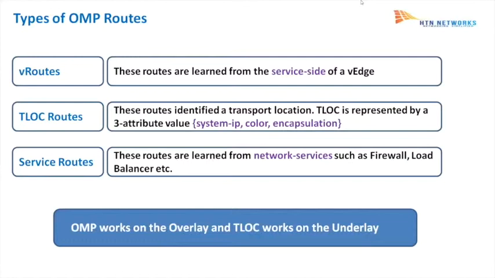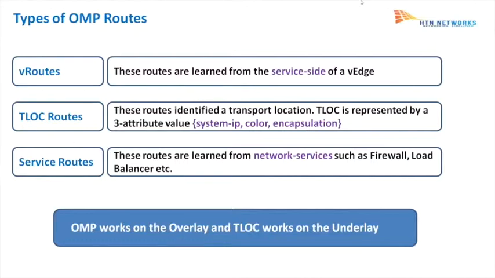Let's say you have circuit 1 and circuit 2, and you can specify that this type of traffic, let's say voice over IP traffic, should go from circuit 1, and the application traffic should go from circuit number 2. So the TLOC tells the router which path it has to take.